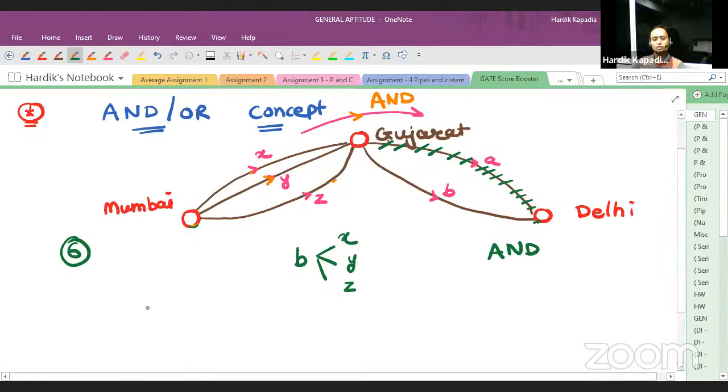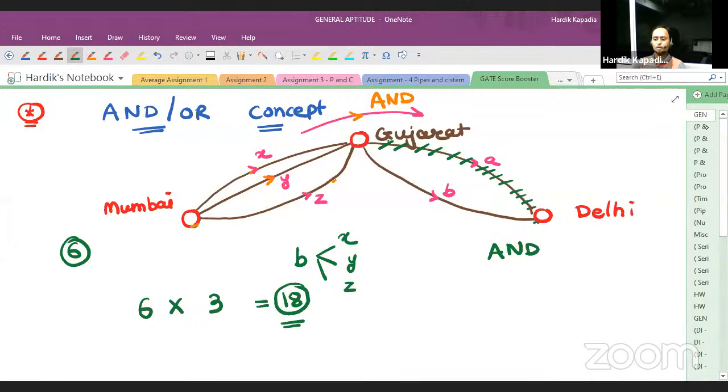So now I am using 6 ways and 3 ways. So there has to be 18 ways, not 9 ways. Okay. So now you have understood the concept of AND. Fine. So this is the first concept we have discussed.